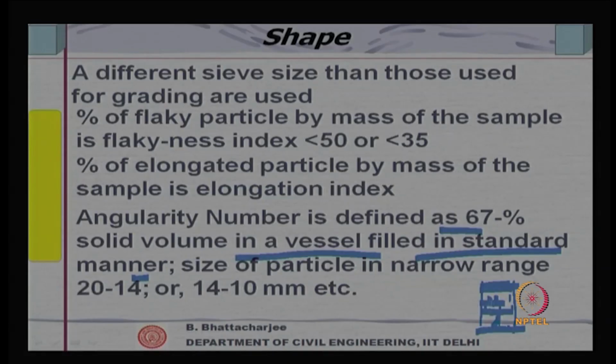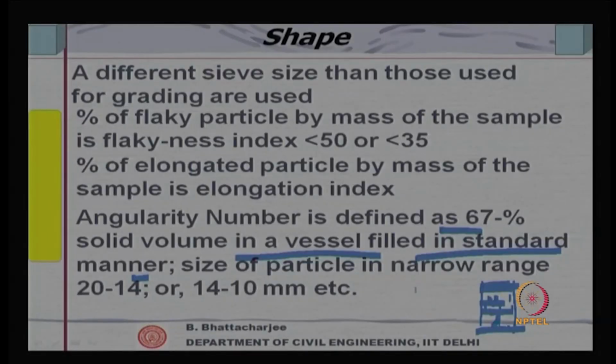If the solid volume is known, because you know the mass of the aggregate that has gone in divided by the specific gravity of the aggregate, that will give you the solid volume. 67 minus the solid volume is the angularity number, because rounded aggregate packs better. So, the 67 has come from there.